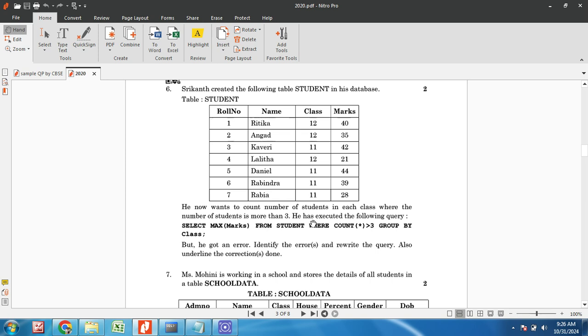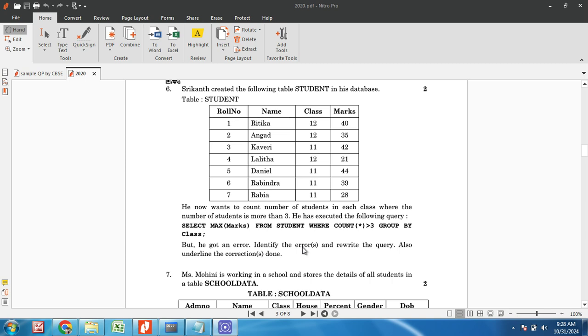He has executed the following query: select max marks from student where count star is greater than 3, group by class.